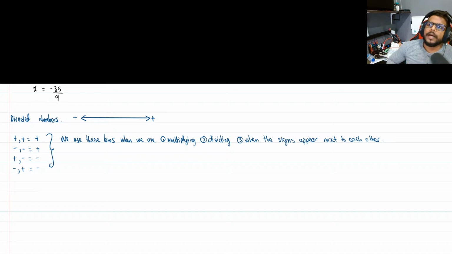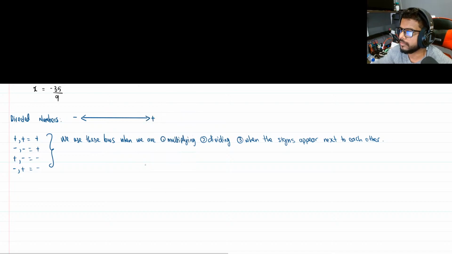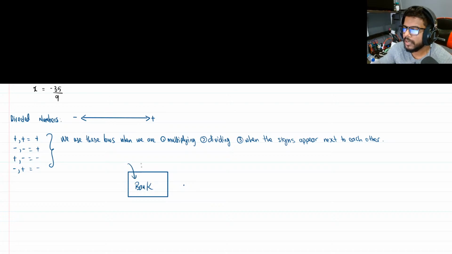Think about adding and subtracting money as taking out and putting money into a bank. Whenever I put money into the bank, that is positive. If I'm taking money out of the bank, that could be negative. We're talking about how cash is moving.